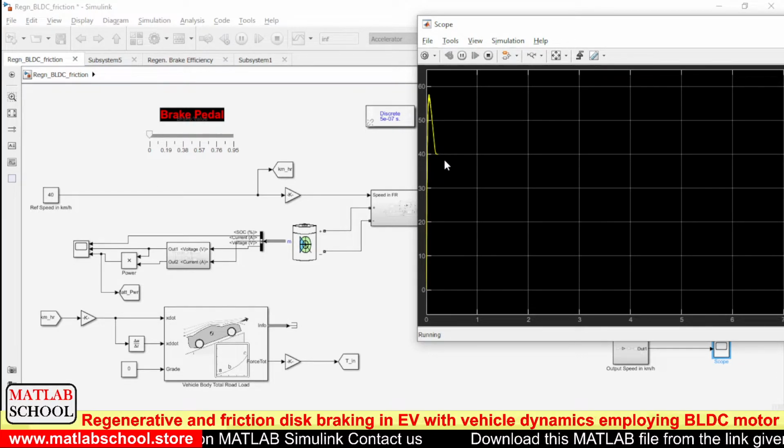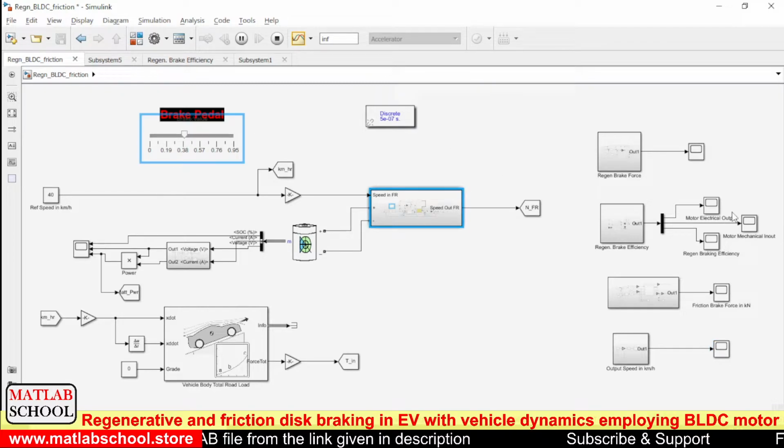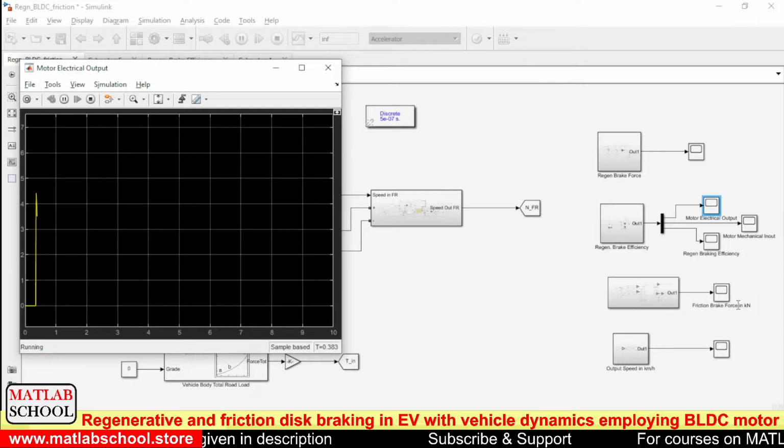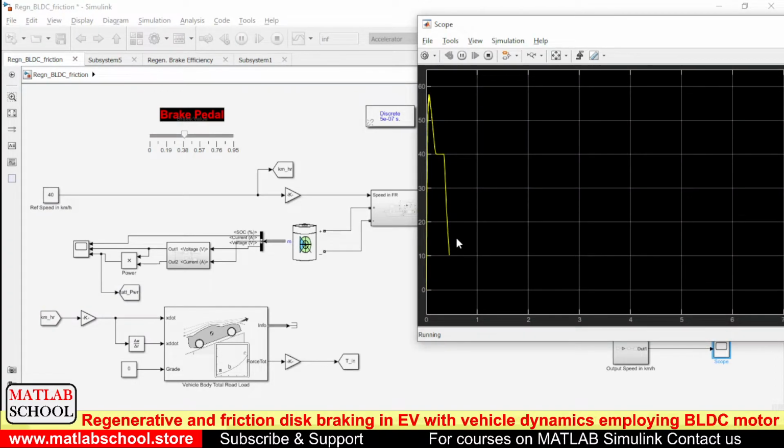So it is settling at 40 kilometer per hour. So let us now apply braking. When we apply the brake, first of all, let us see the speed. You can see the speed decreasing.